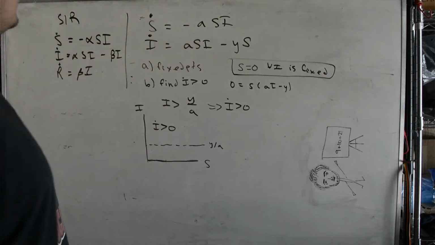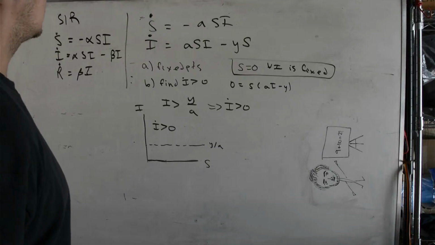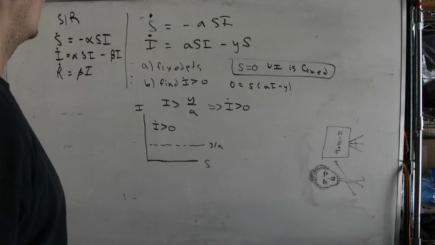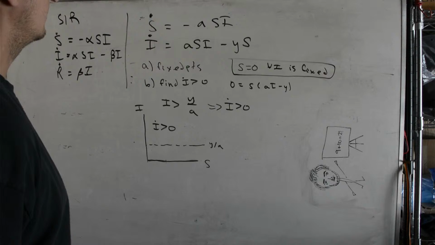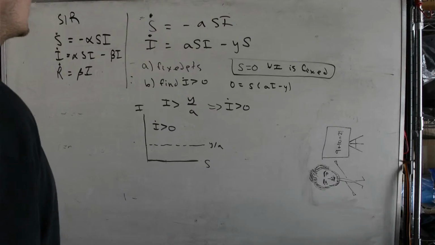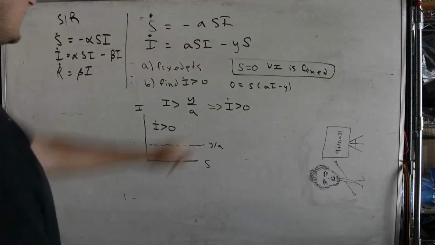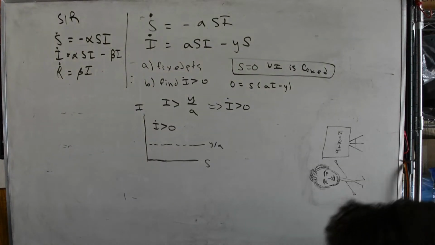Can we think of anything else? Imagine if S is not 0. If S is not 0, then I has to be 0. But if I is 0, then S has to be 0. So this is all of them. This is the only way. Let's just double check though.